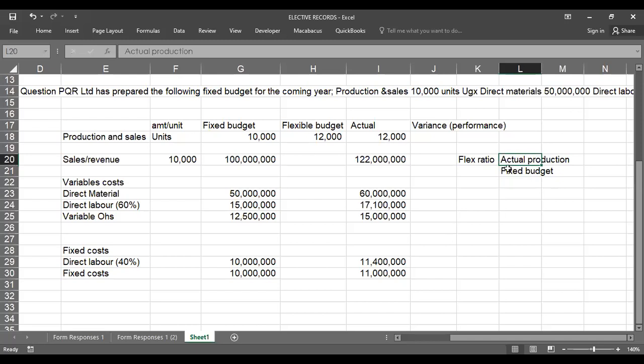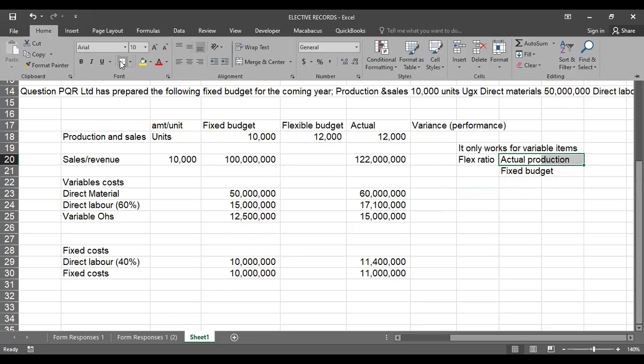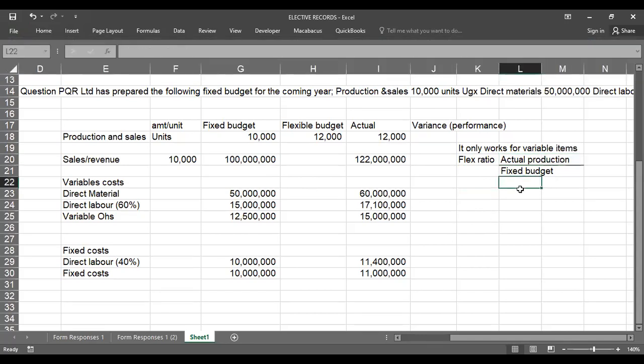This ratio only works for variable items, not necessarily costs, but variable items, including revenues. Why does it work? Because the ratio is here: you're dividing the actual, which is 12, by the fixed 10, giving 1.2.